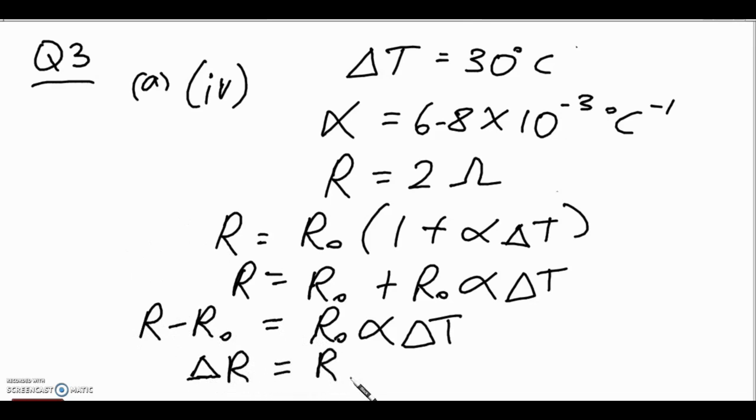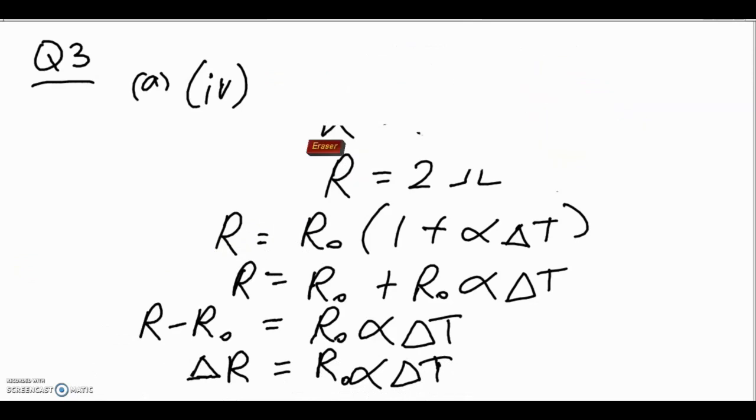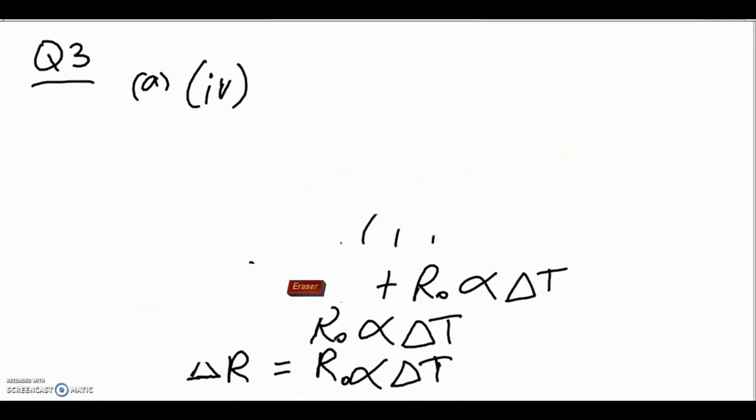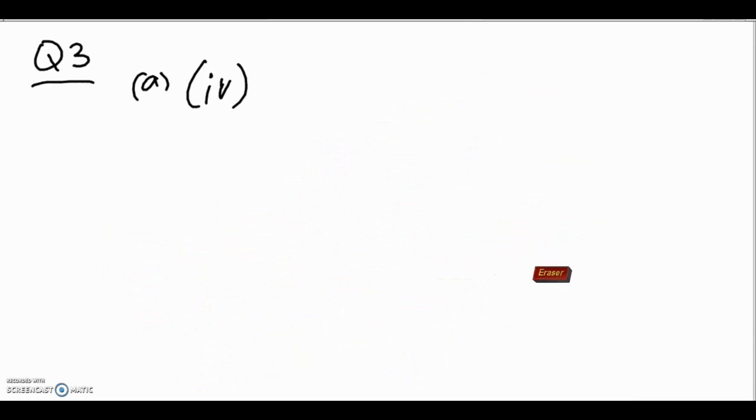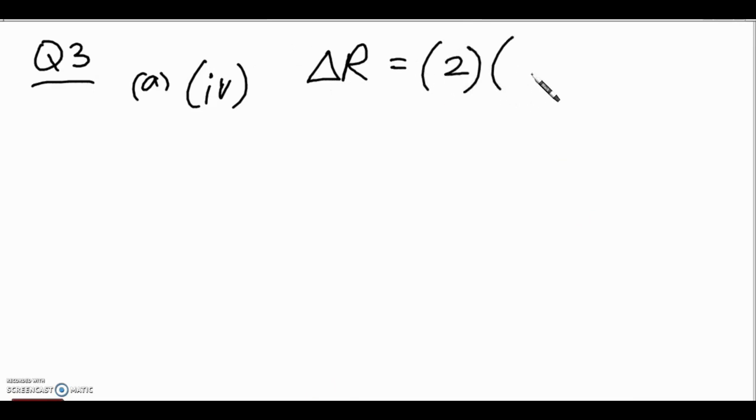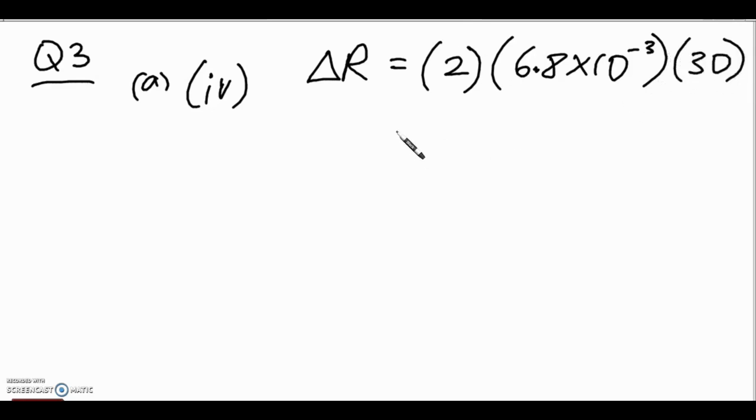So the change in resistance equals R naught alpha delta T. Okay, and then we substitute the values: delta R, where R naught is 2, alpha is 6.8 times 10 power of negative 3, and the change in temperature delta T is 30. So that will give you 0.408 ohm.